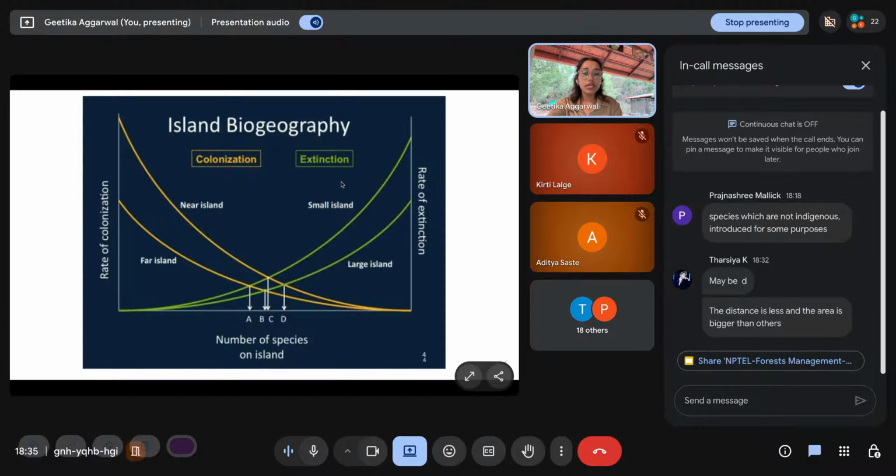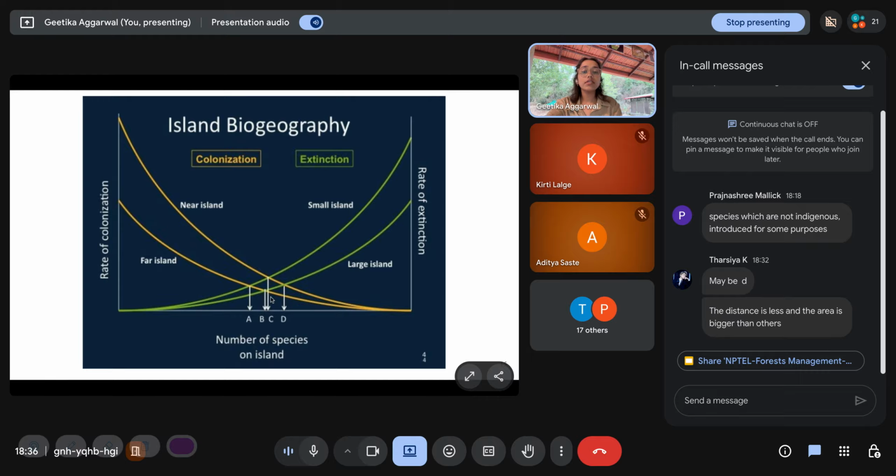And extinction, as I just said, will be lower on an island which is larger in size, and higher on an island which is smaller in size, right? So the rate of extinction goes higher as the island size decreases, and the rate of colonization goes higher as the island is closer to the mainland. And here these points A, B, C, D are points of equilibrium, where the rate of extinction and the rate of colonization become the same.